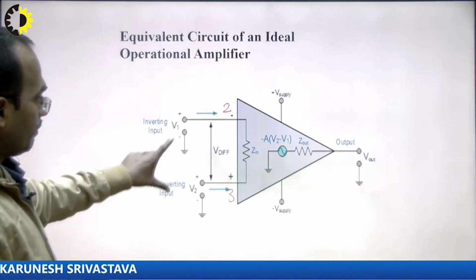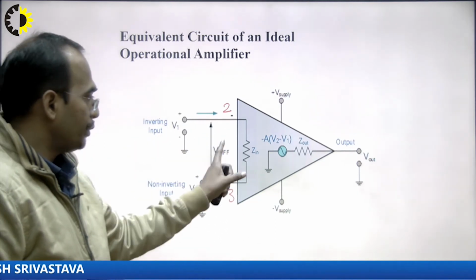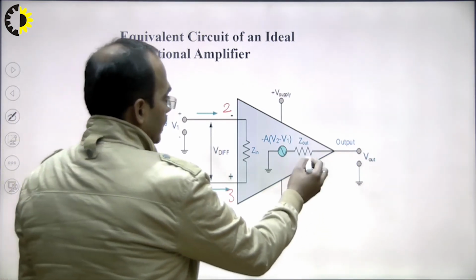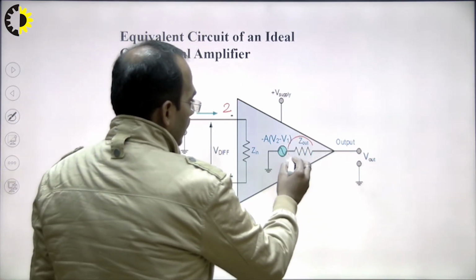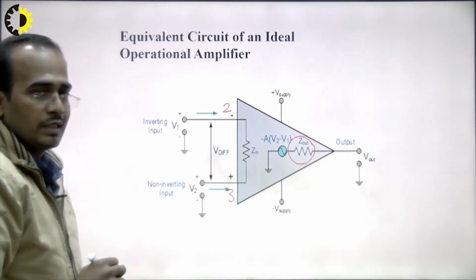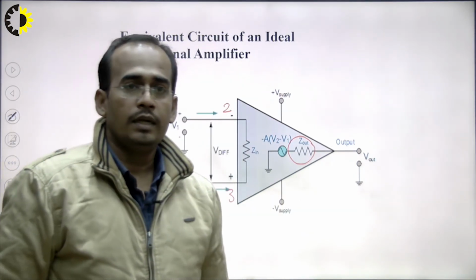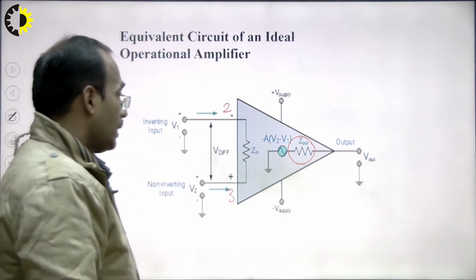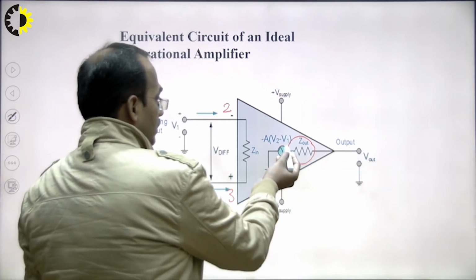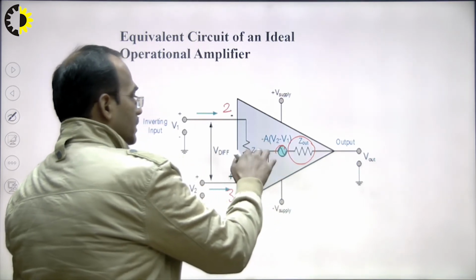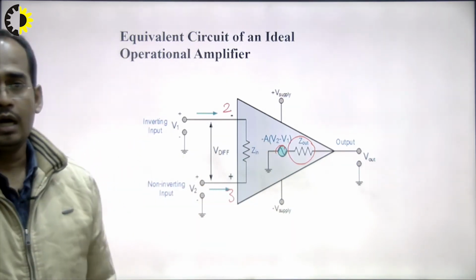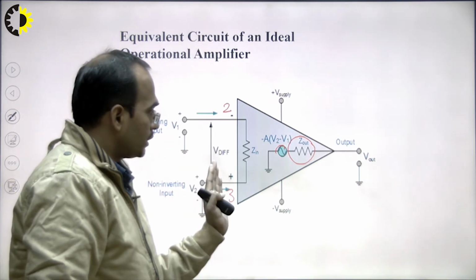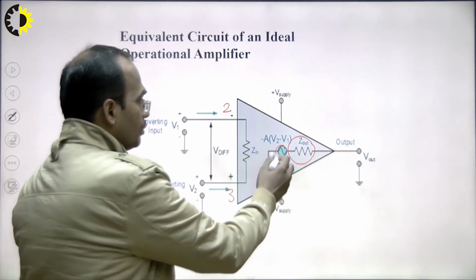So, between pin number 2 and 3 the input impedance of the operational amplifier is connected, and at the output stage we have the output impedance of the emitter follower, and this is the voltage source, that is gain multiplied by input for the output stage. Whatever the input has been transferred to the output stage, this is the output.